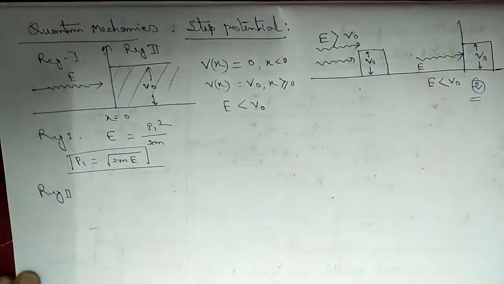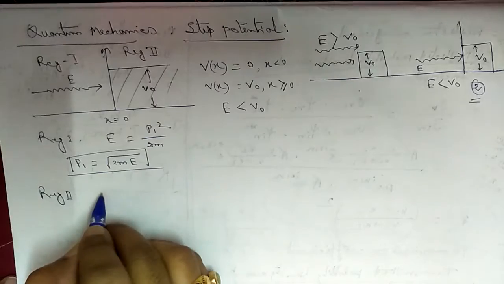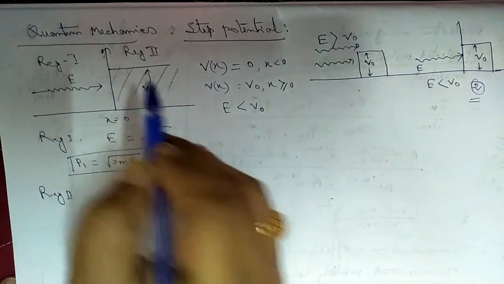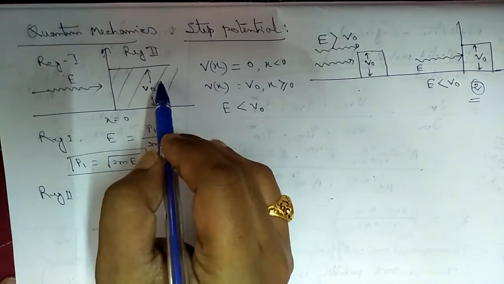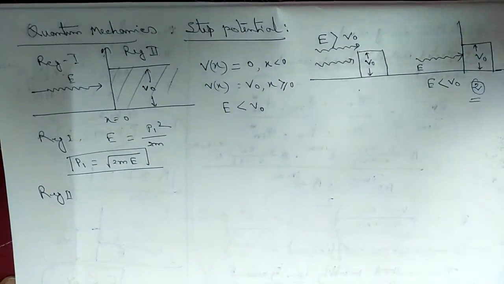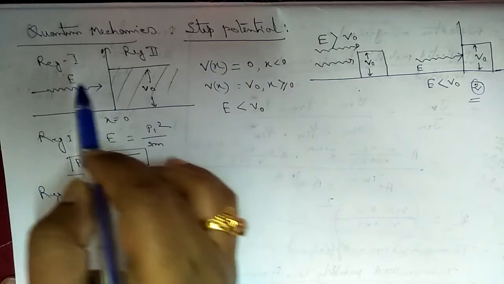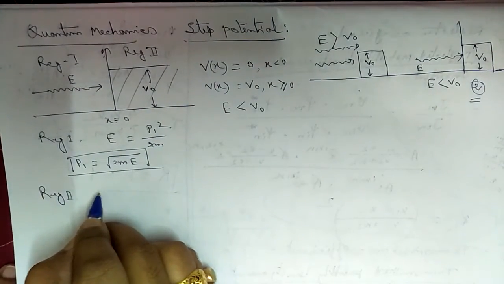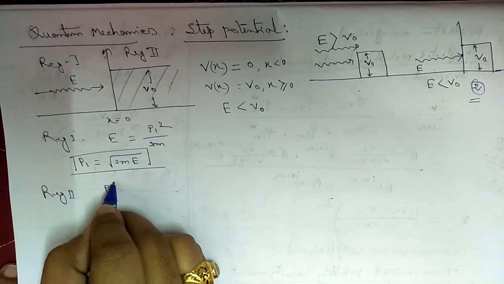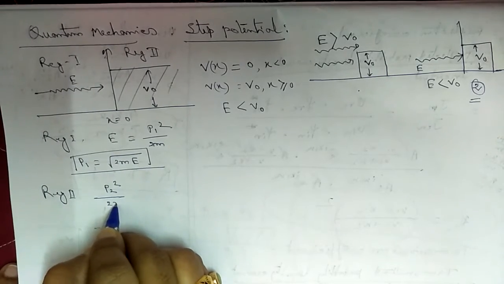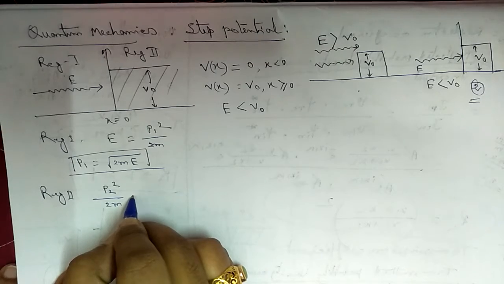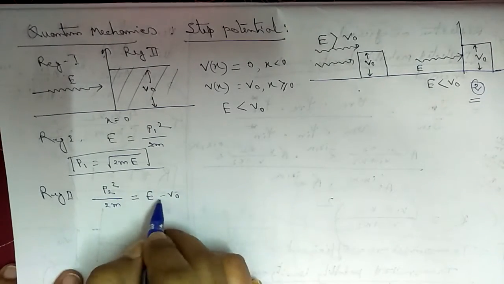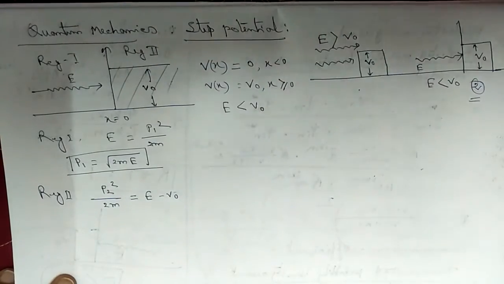Now for region 2, V0 is higher than the energy of the particle in region 1, so the momentum relationship can be written as p2 squared divided by 2m equals E minus V0, that is, kinetic energy minus the potential barrier.